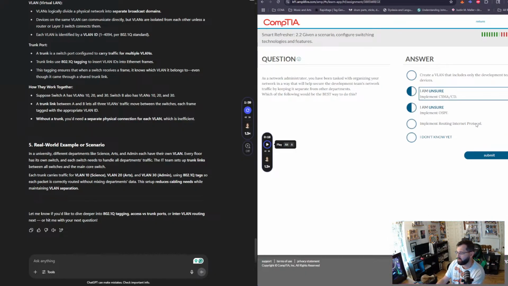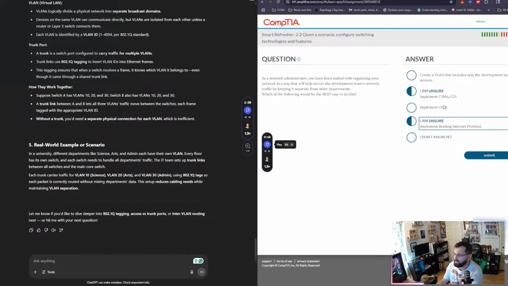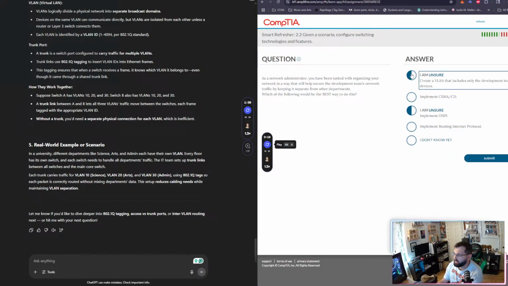No, that's RIP. These have nothing to do with keeping things separate. Now, creating a VLAN that includes only the development team's devices, that makes sense.